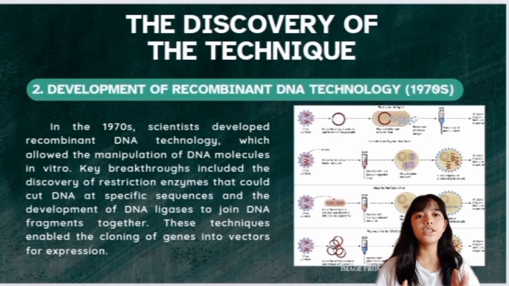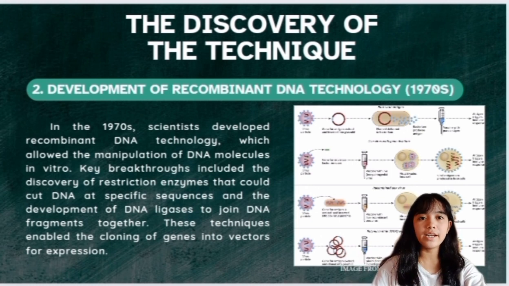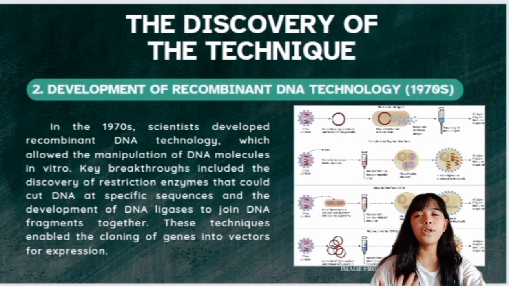The second discovery of the technique is the development of the recombinant DNA technology. This recombinant DNA technology is also known as genetic engineering that involves modifying the genetic makeup of an organism by introducing foreign DNA or by manipulation of the organism's own DNA.